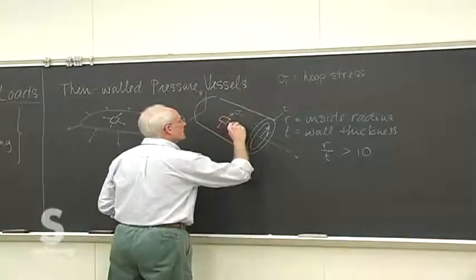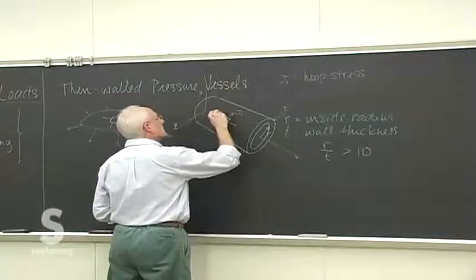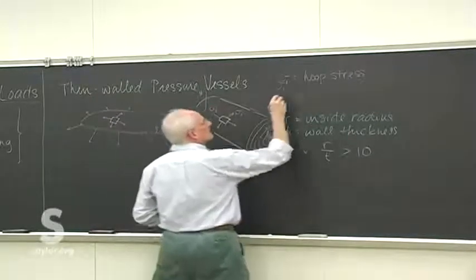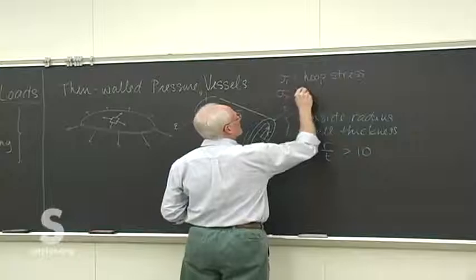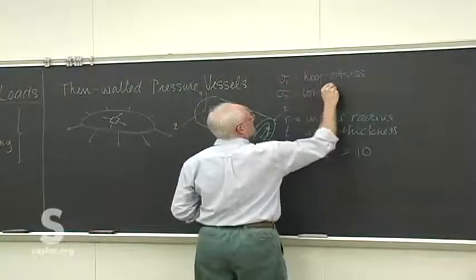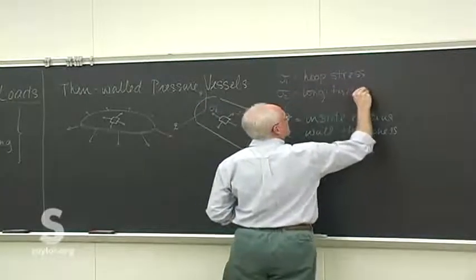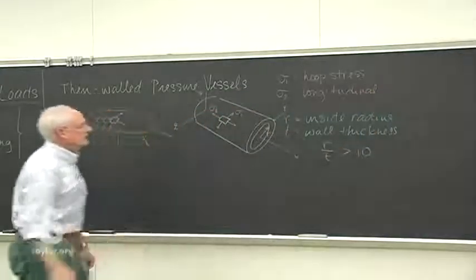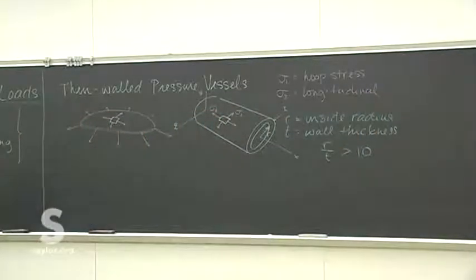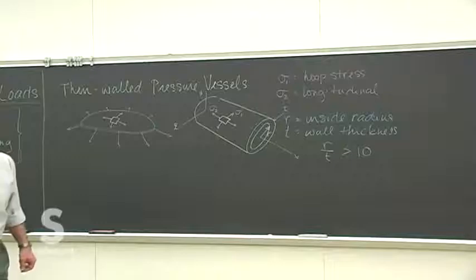And then there's a longitudinal stress called sigma 2. Down the length of the vessel itself in its main dimension R.